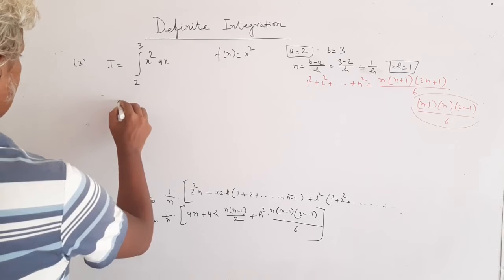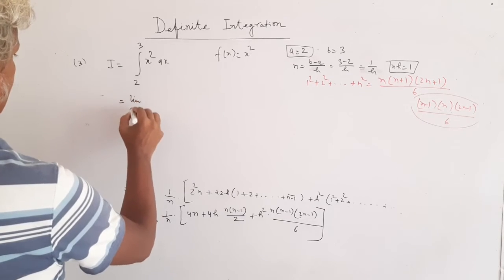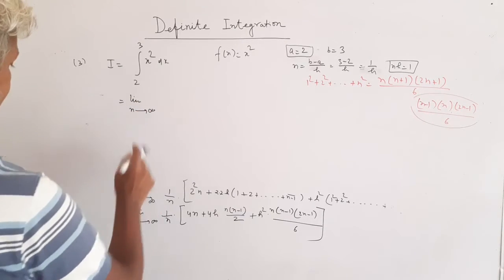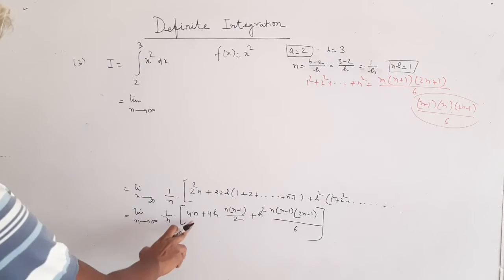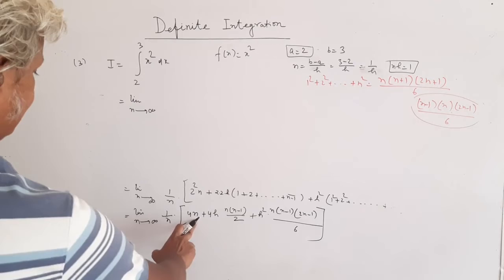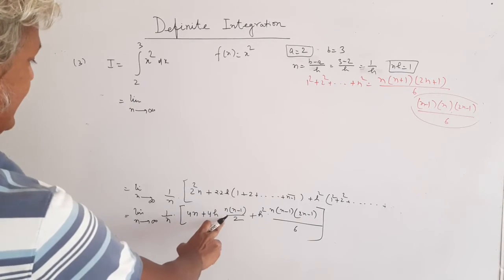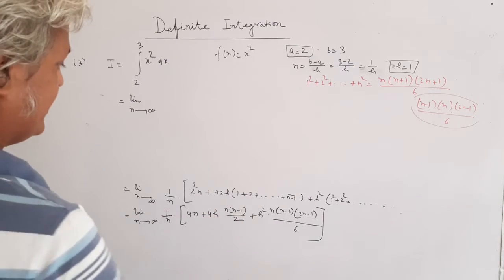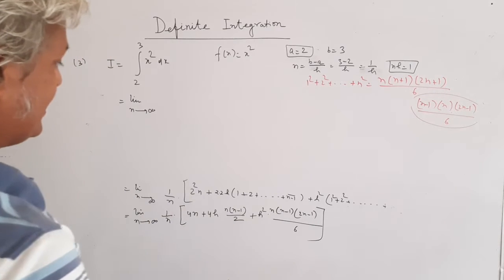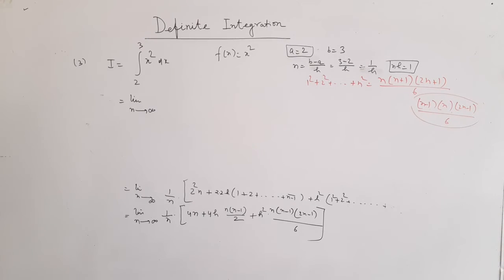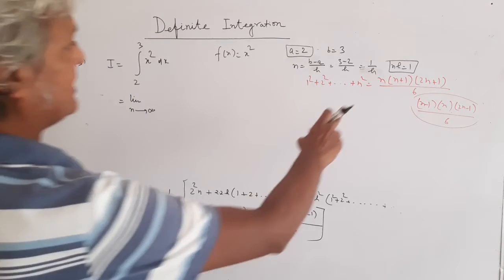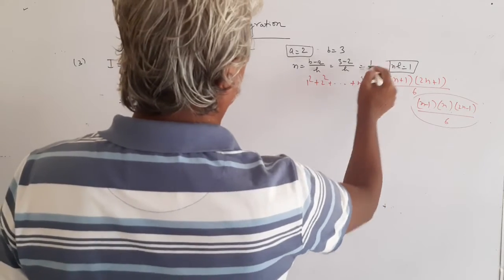So this term now becomes limit n tends to infinity. Now see, here I have n and here I have n minus 1 h, here I have h square n minus 1. Then I have to get rid of this h, because every time you see h, this is nothing but 1 by n.